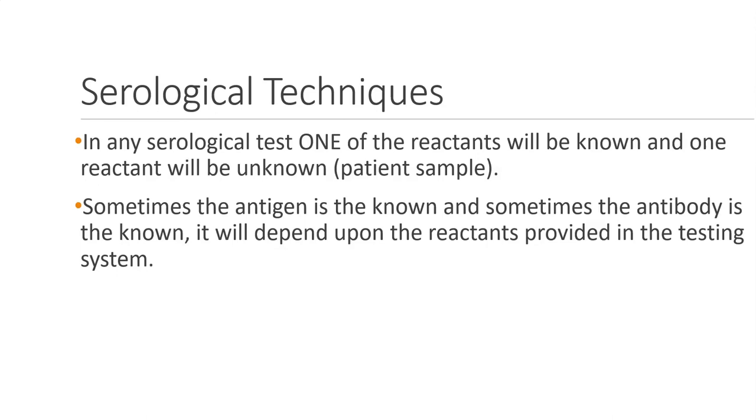So if we're using a known antibody, then what we're looking for is an unknown antigen in the patient sample. If we are working with a known antigen, just like COVID-19, then we're looking for the antibody to COVID-19 in the patient sample. So again, in all test systems, there will be one known, and the unknown is found in the patient sample.